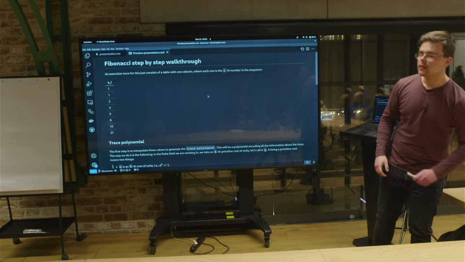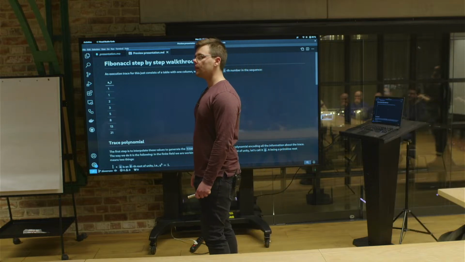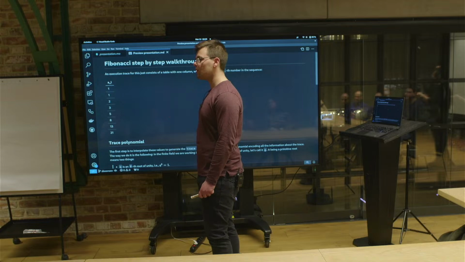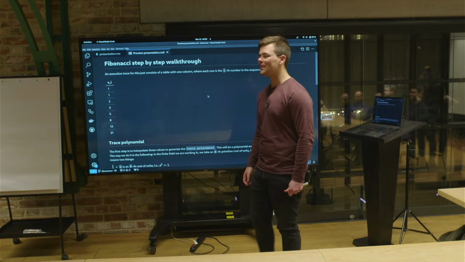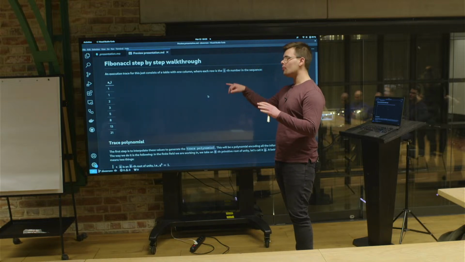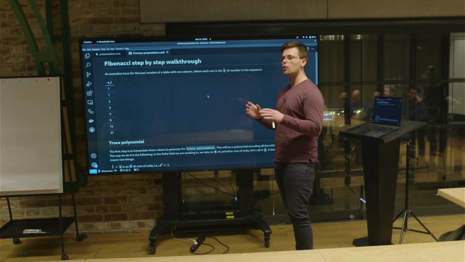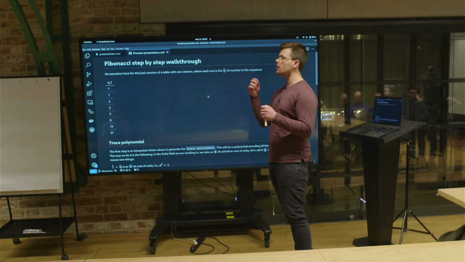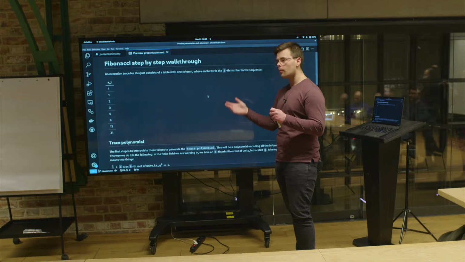What does FRI stand for? It's Fast Reed-Solomon Interactive Oracle Proof of Proximity. This proves whether the polynomial h of x we send is close to a low degree polynomial. It's a probabilistic algorithm.